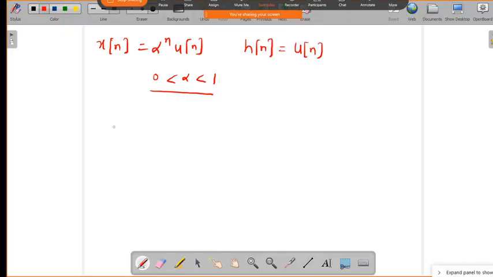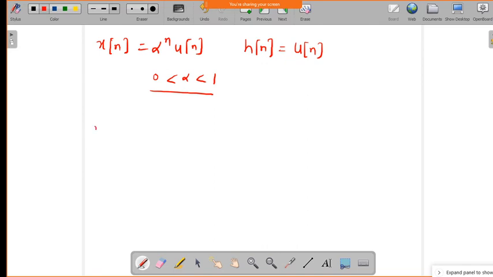So now draw your x of k, which is equal to alpha power k into u of k. If you take the k axis, since alpha is less than 1, it will go on decaying.